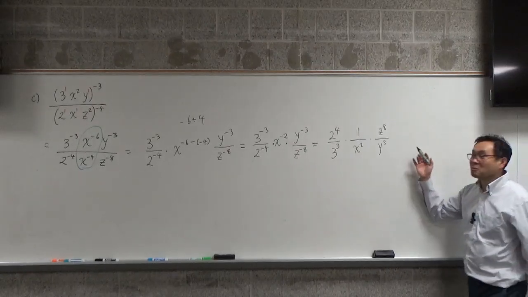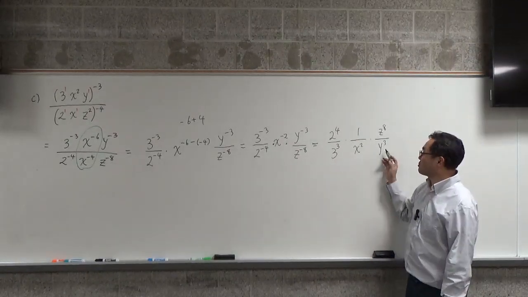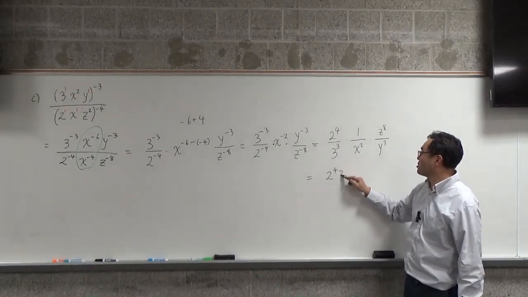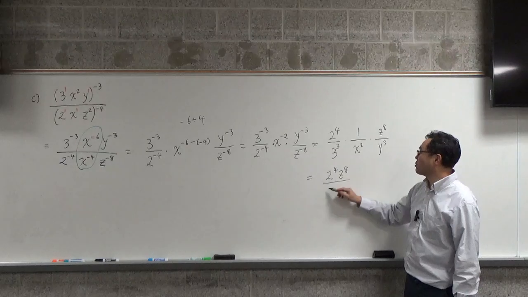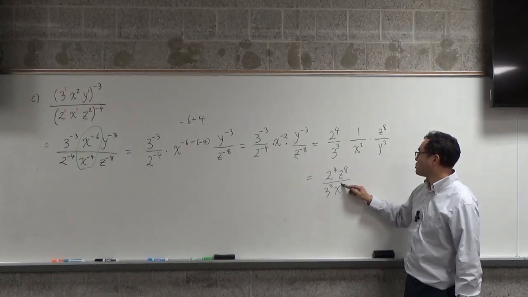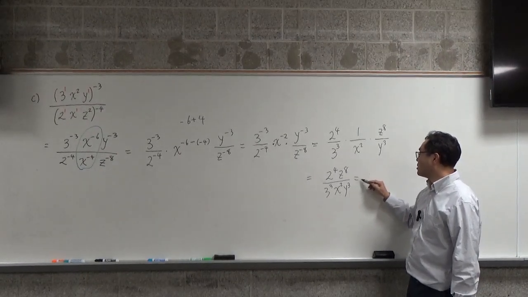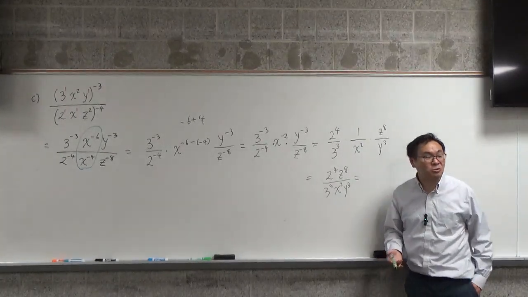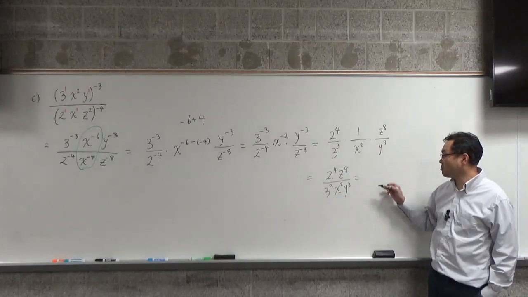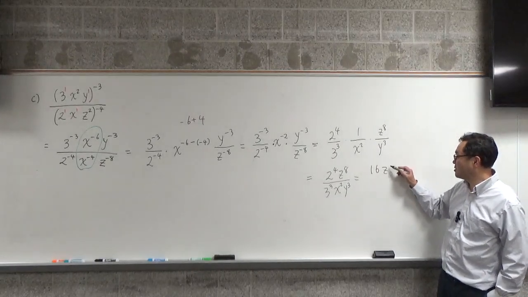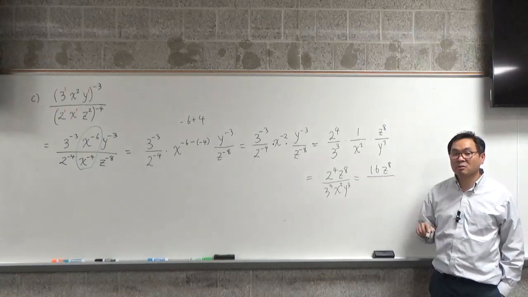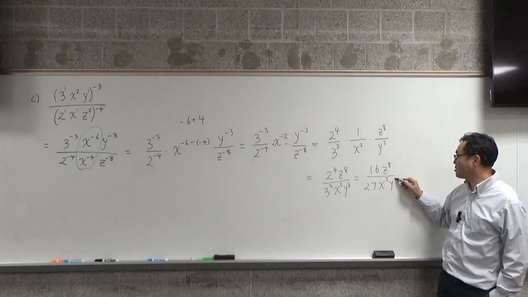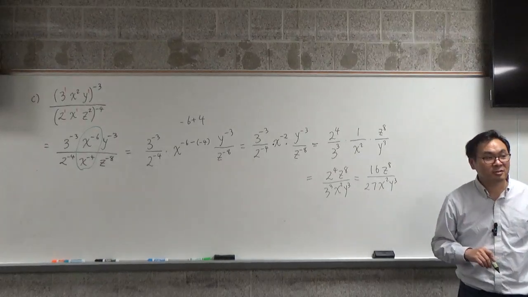And then you just multiply the ones upstairs and the ones downstairs. So you have 2 to the 4th times z to the 8th over 3 to the 3rd, x squared y to the 3rd. But 2 to the 4th is something you can calculate, right? So you should actually do it. What's 2 times 2 times 2 times 2? 16. What's 3 times 3 times 3? 27. X squared y cubed. All right? So that's what you have.